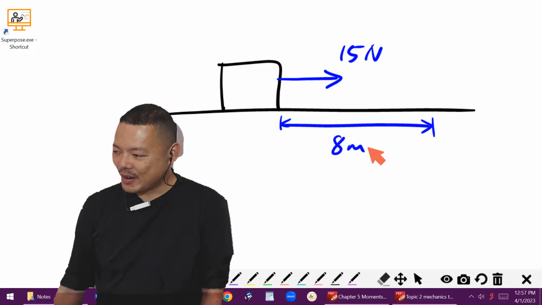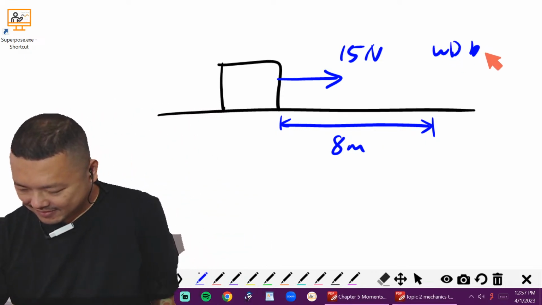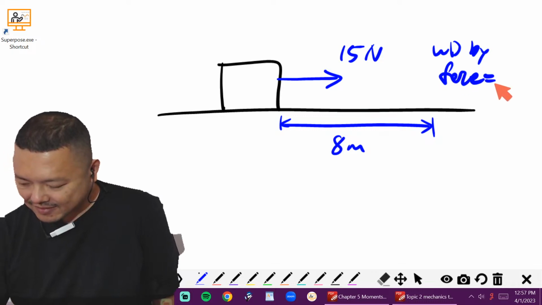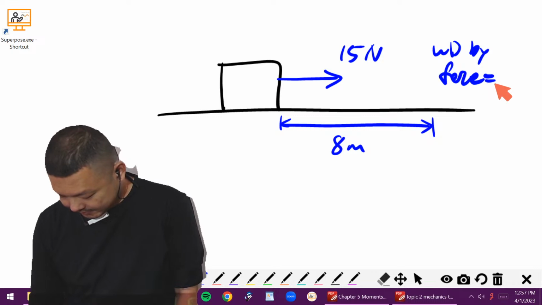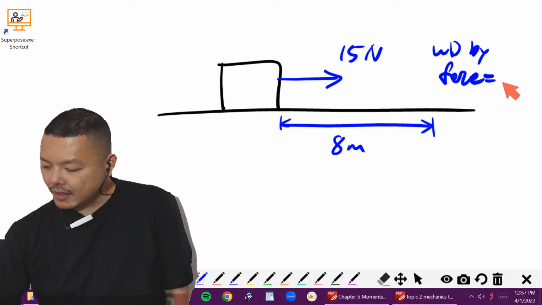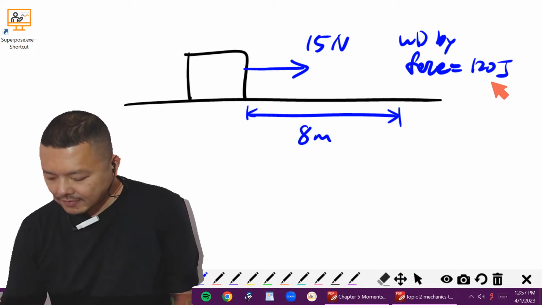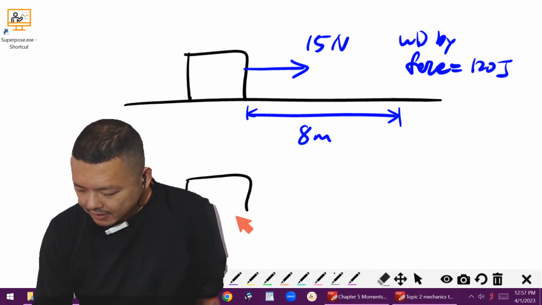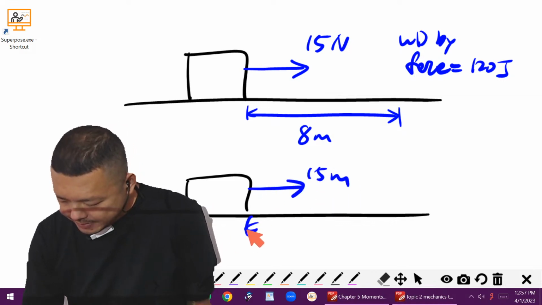Man this comms. What's the work done by this force? What's the work done by the force? 120 joules. Agree? Okay, good. Same box, same force, same distance.